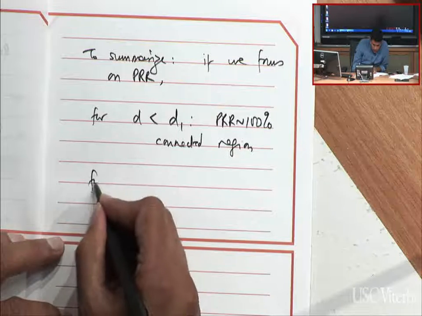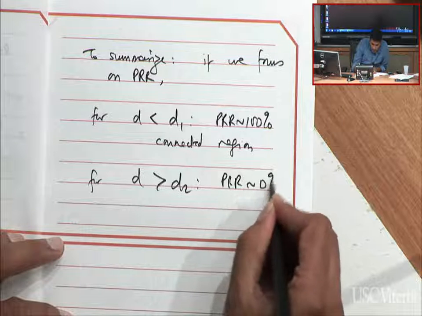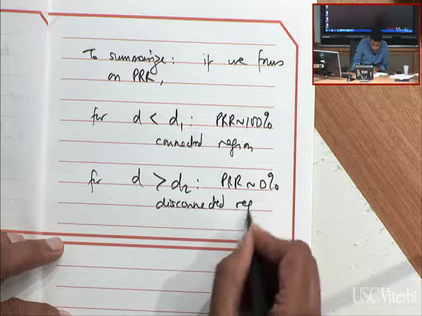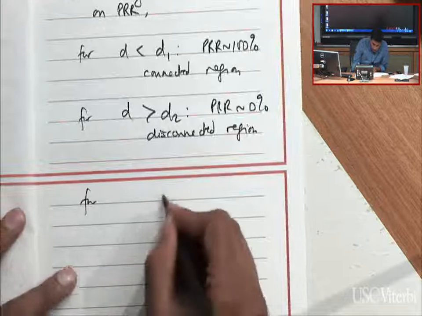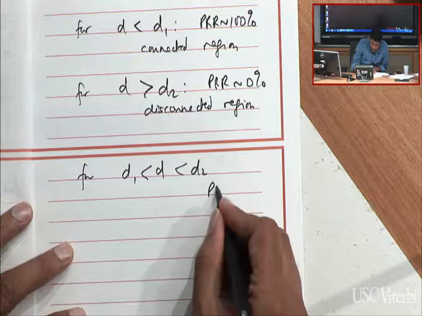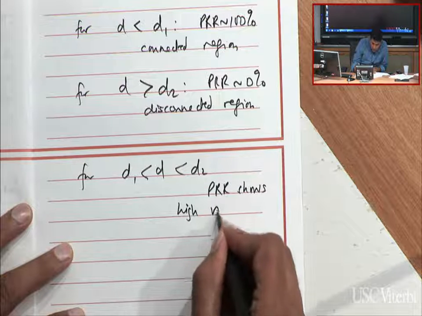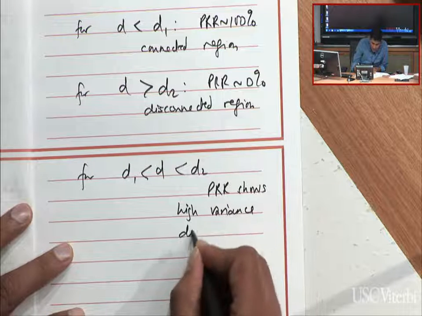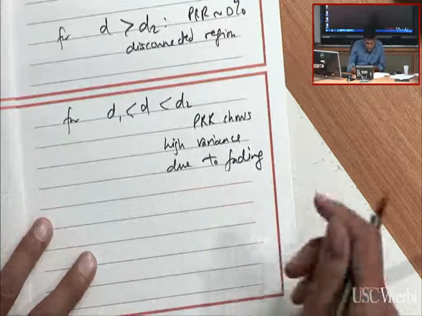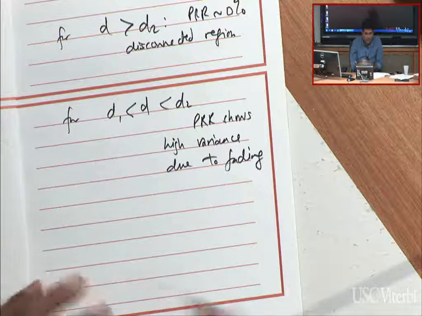For D bigger than D2, the PRR is close to 0%, and this is called the disconnected region. But for D values between D1 and D2, PRR typically shows high variance due to fading. Basically what this fading is doing is sometimes pushing the SNR above the threshold, sometimes below.